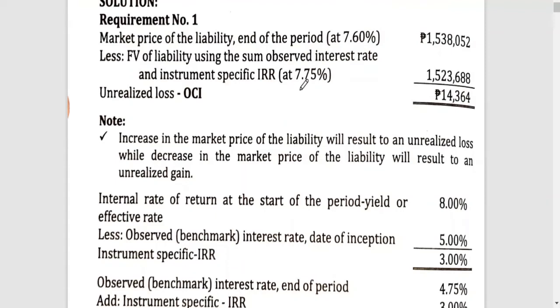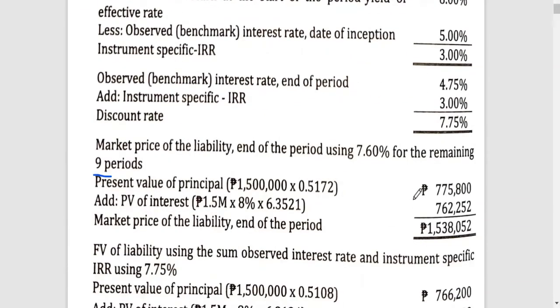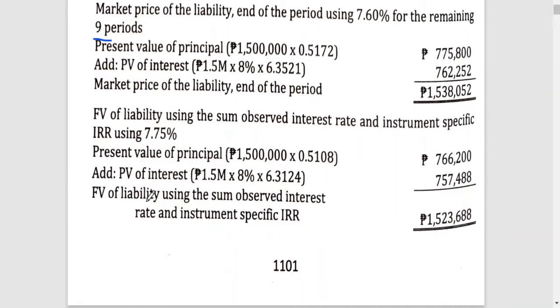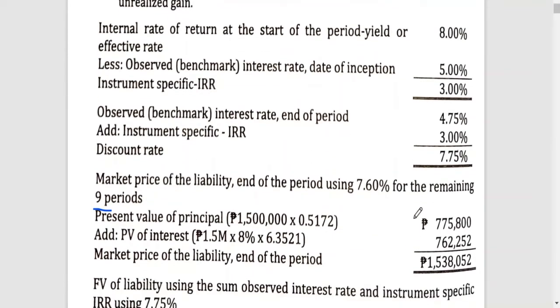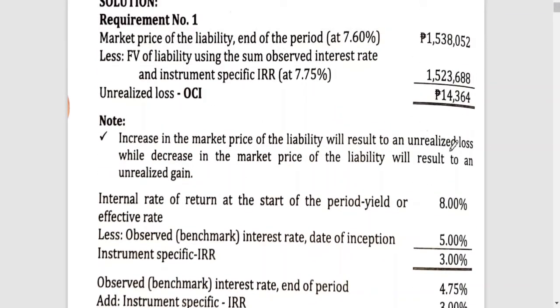So use that 7.75 to get the fair value of the liability using the sum observed interest rate and the instrument specific IRR. So you would get 1,523,688. Okay, then get the difference.